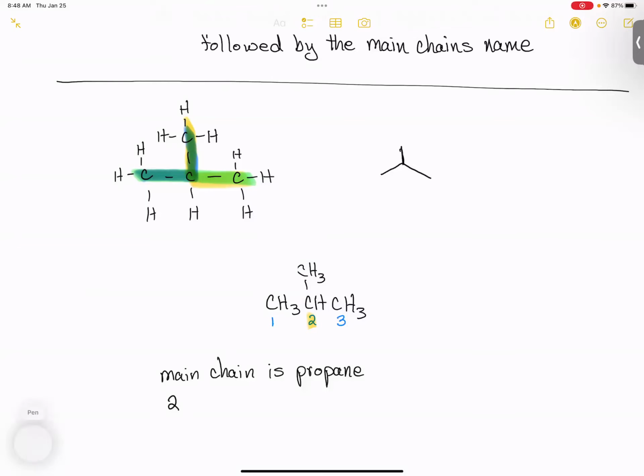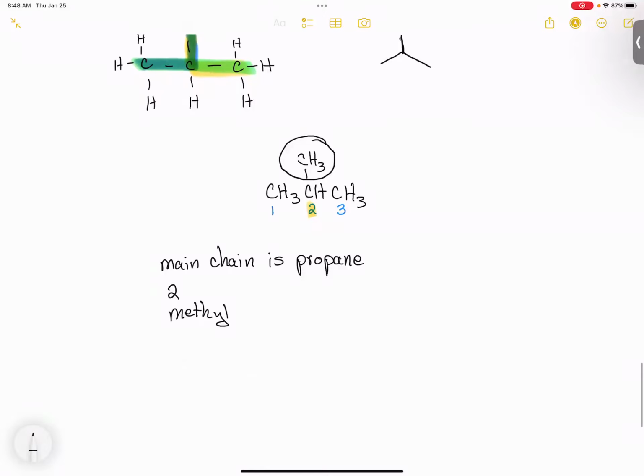Now, what is this substituent that's on number 2? Well, this is the methyl group. So you have all the pieces. Now we're going to put it together. So this would be called 2-methyl. And we write it all as one word, propane.